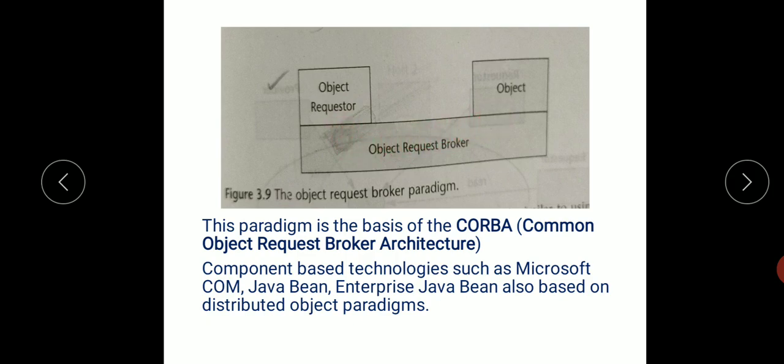The object requester has to contact only the object request broker, but the object request broker will access the object. This paradigm is the basis of CORBA, the Common Object Request Broker Architecture. Component based technologies like Microsoft COM, JavaBean and Enterprise JavaBean are also based on distributed object paradigms.